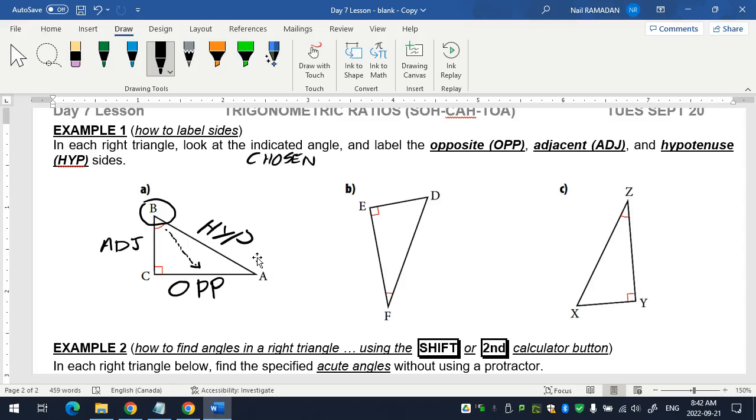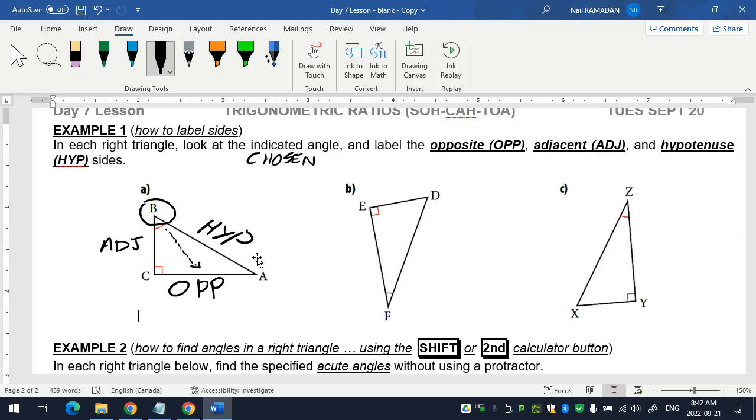What's in front of it directly? This guy, right? When something is in front of you, that's called what? Opposite. When something is next to you, like if I stand in front of you right now, you are opposite of me. If I stand like this, you are adjacent to me or next to me. Okay, does that make sense now?